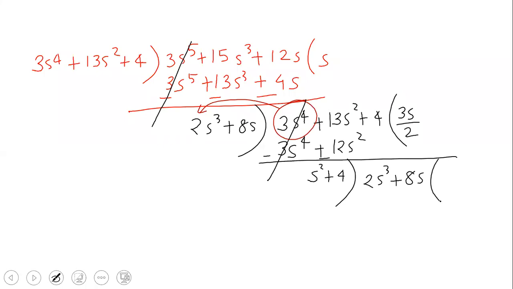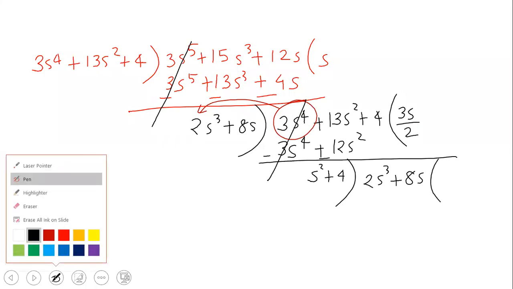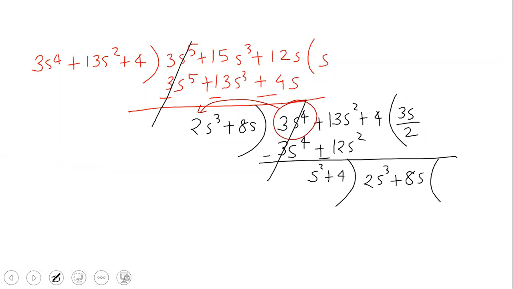Tell me what is the next quotient. Yeah, your next quotient, Mihir, is correct. This should be 2S. So you will get this as 2S cube and 4 2S are 8S, and you will see that you're getting a 0.